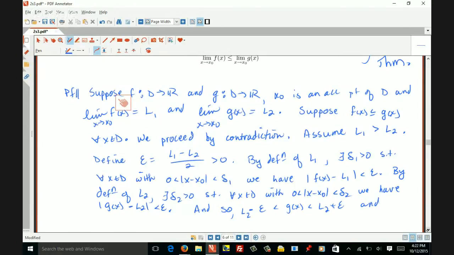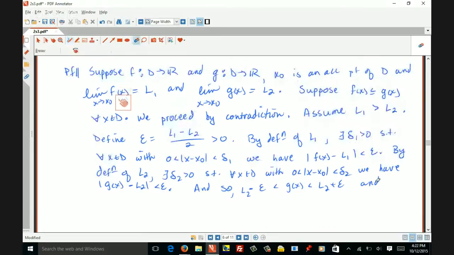And by definition of epsilon, I know that L2 minus (L1 minus L2 over 2) is equal to what? That part we do care about. What is that equal to?